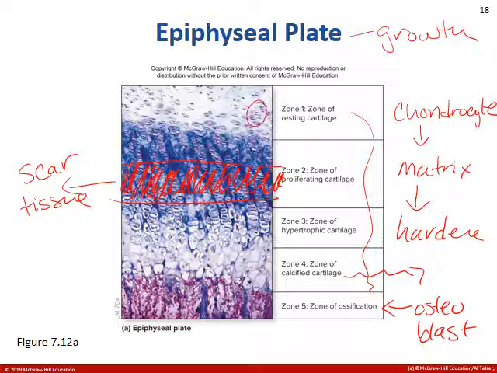Is there any way for these cartilage cells, these chondrocytes, to jump over the scar tissue and get to this calcified cartilage, which then allows for the osteoblast to lay down matrix? No, that'd be really hard, right? So that scar tissue in the middle of a growth plate is not good. It can hinder growth of that particular long bone.